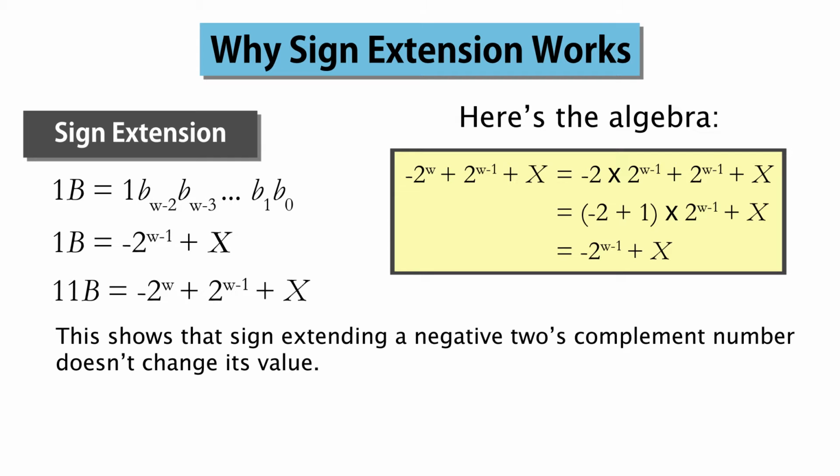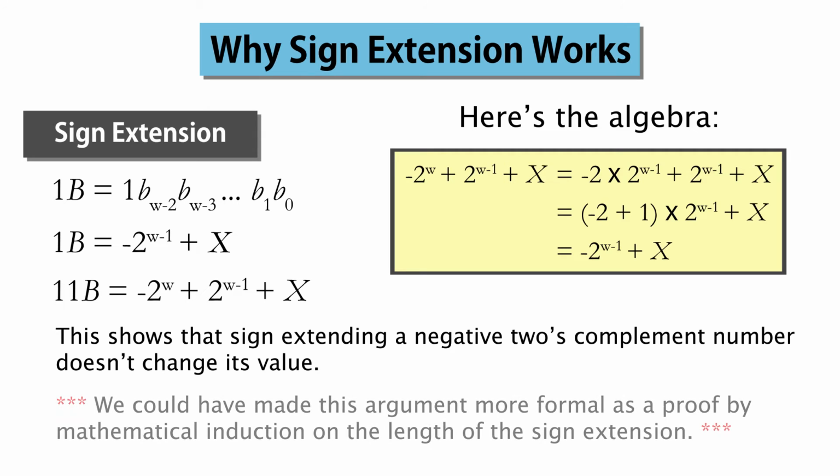Recall that we argued earlier that sign extension is obviously correct for non-negative numbers. This suffices to show that sign extension does not change the value of any 2's complement number, which is what we set out to demonstrate. By the way, we could have made this argument more formal as a proof by mathematical induction on the length of the sign extension. We'll leave that as an exercise for the mathematically inclined viewer.